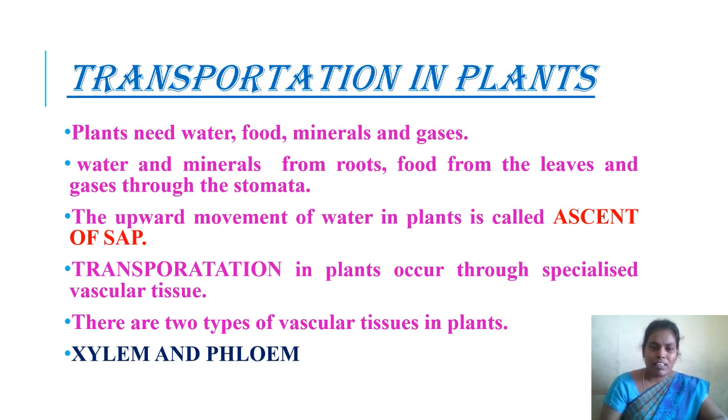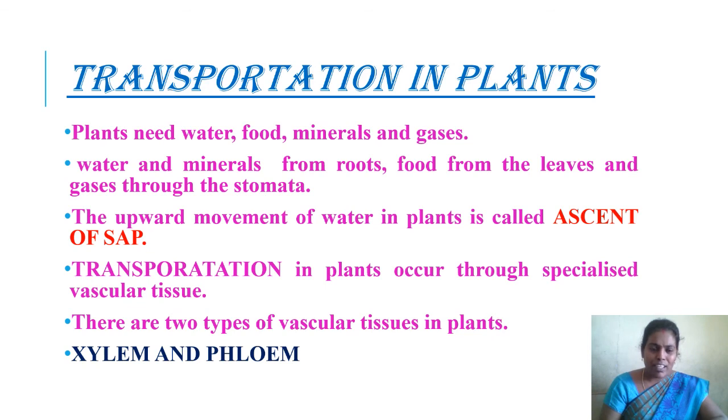First of all, plants absorb water and minerals from the roots and prepare food in the leaves, and gas exchange takes place through the stomata. All put together, it maintains its life. Whatever water and minerals are absorbed by the roots, how does this water reach the tip of the plant? Through small tubular tissue, the specialized vascular tissue.